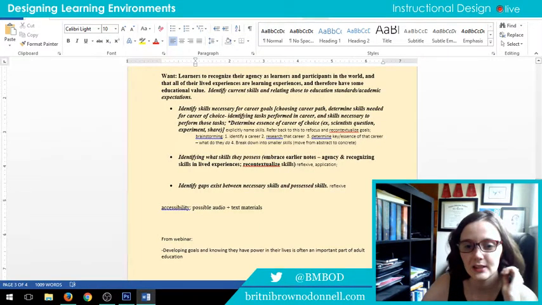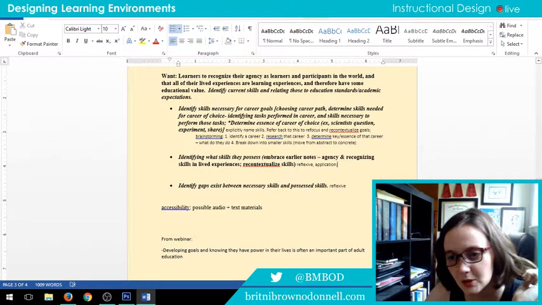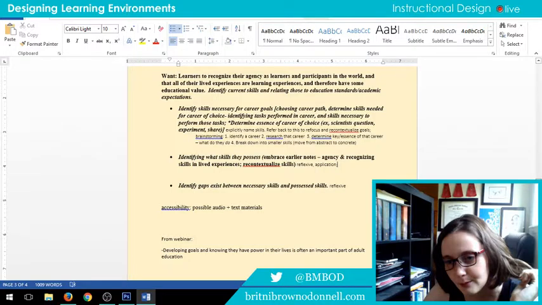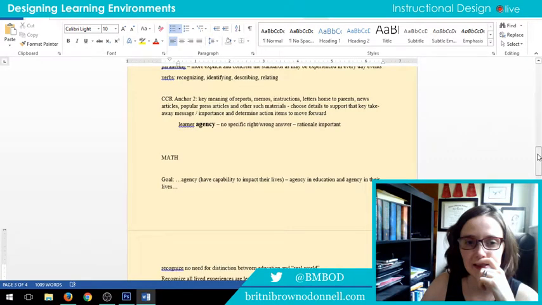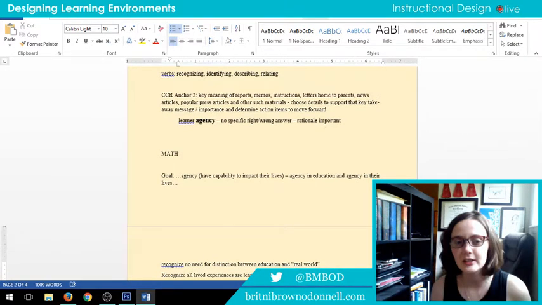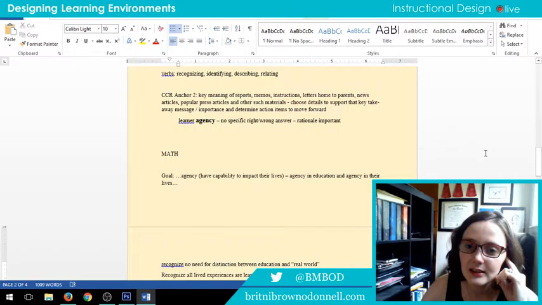If we stick with the reading standard I picked out last time, which is Career and College Readiness Anchor 2, the key meaning of reports, memos, instructions, letters, etc. can be understood. I didn't write the actual full standard here.